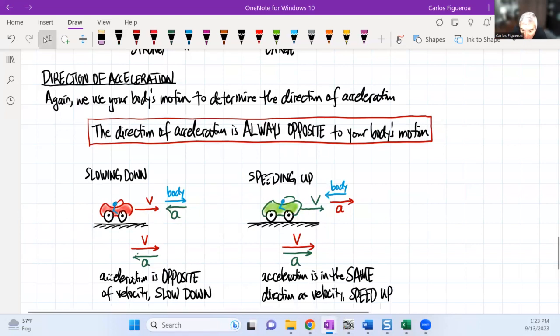So that means we can now add acceleration to our language in motion diagrams.